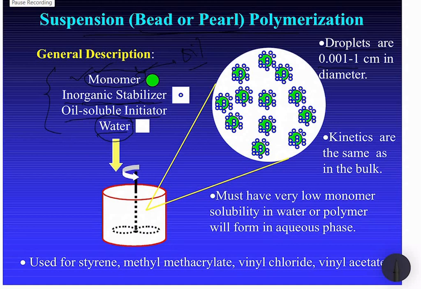And here you see the monomers suspended over, or adsorbed over, the suspending agent, and overall this remains suspended in the dispersion medium, or water, and that way the monomer droplet size remains within 0.001 to 1 centimeter in diameter.